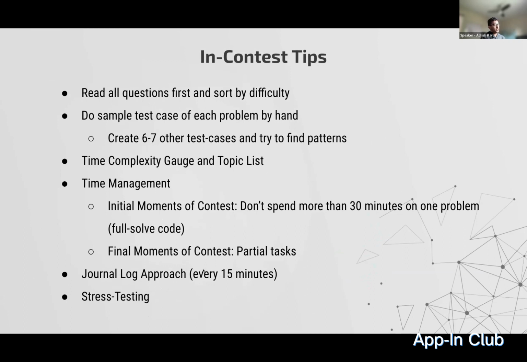At least I haven't done it and been successful, but essentially it's when, instead of manually generating test cases and working through them and trying to find patterns, you have a program that generates random inputs, and you have a brute force algorithm with a worse time complexity than the intended solution. And then you have your optimized code, which is the code you'll be submitting to the grading server.